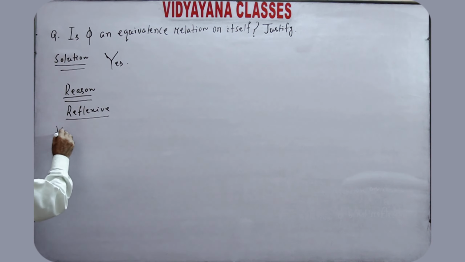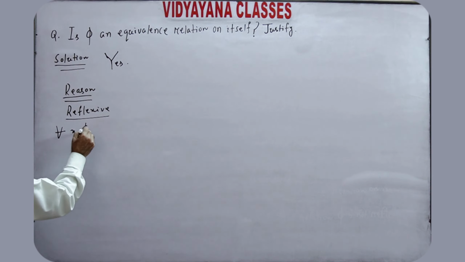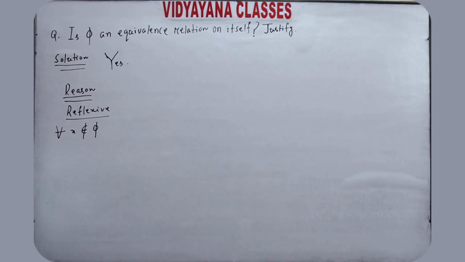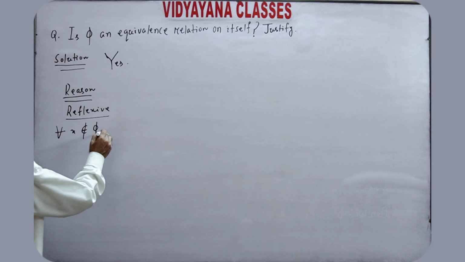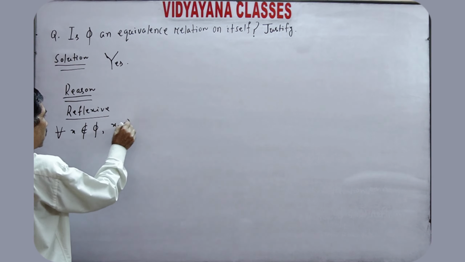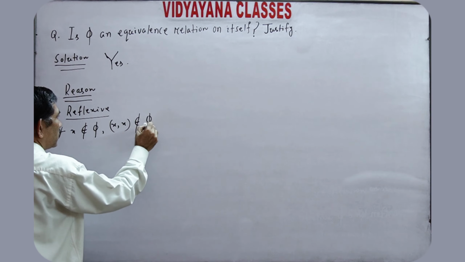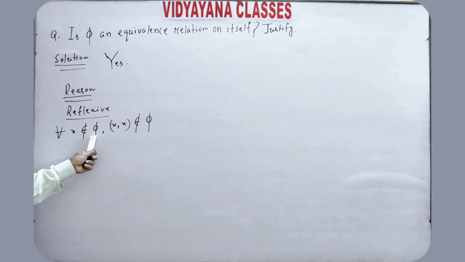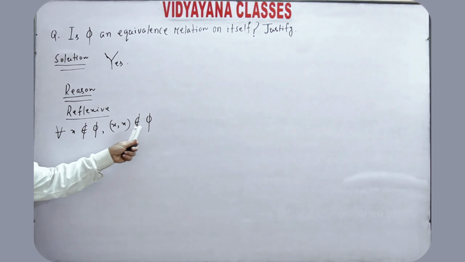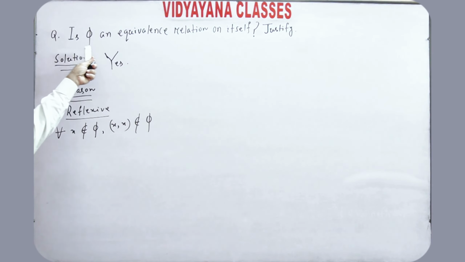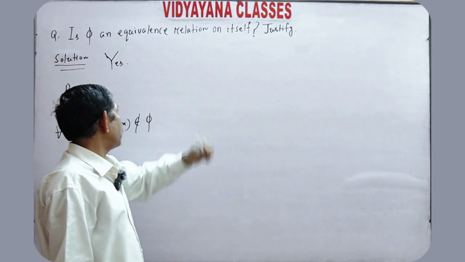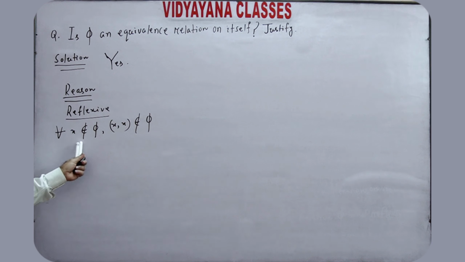For all x does not belong to phi, is it true? The ordered pair (x, x) does not belong to phi. The given set is phi and the relation is also phi. The given statement is true.